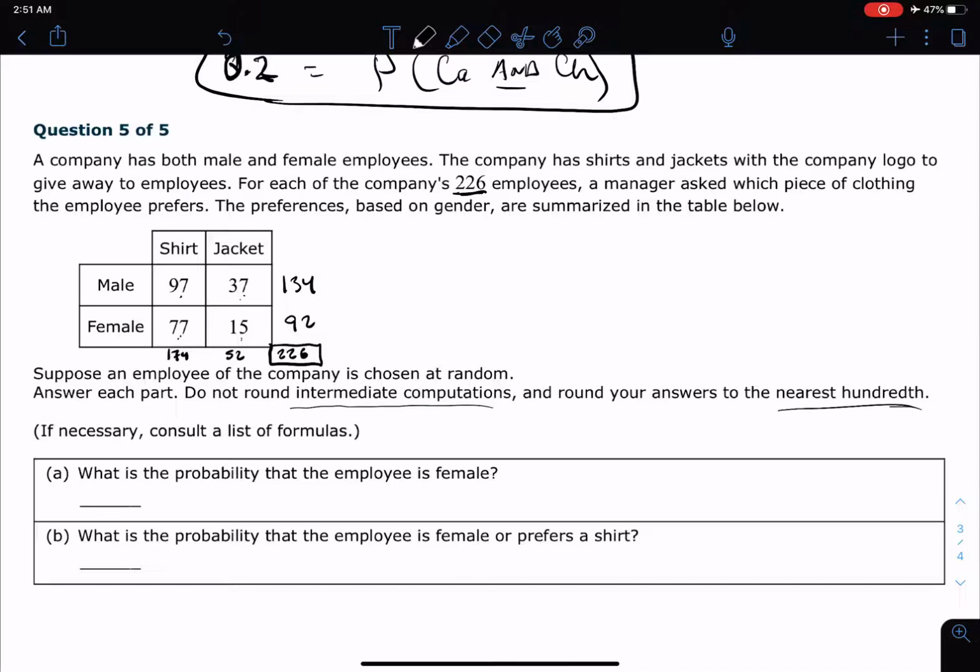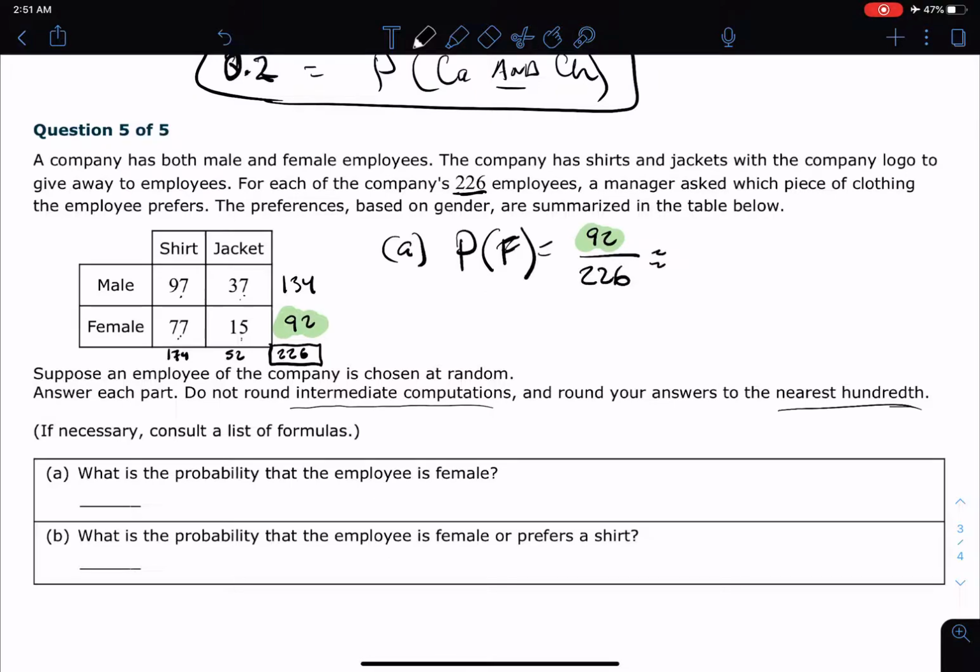What is the probability that the employee is female? Let's do A right here. Probability that the employee is female. It looks like we've got 92 females. So that is going to be 92 out of the total, which was 226.